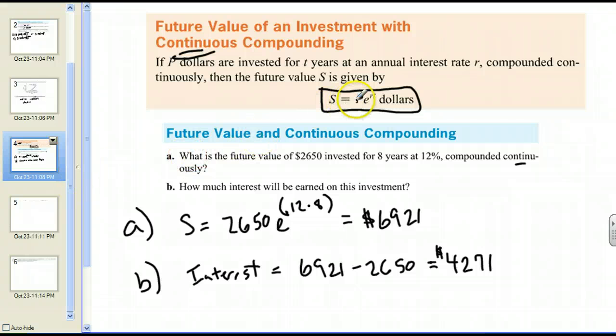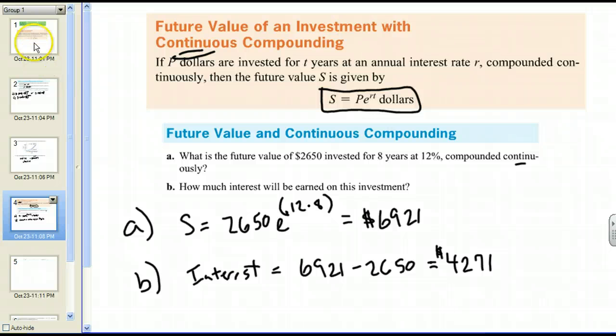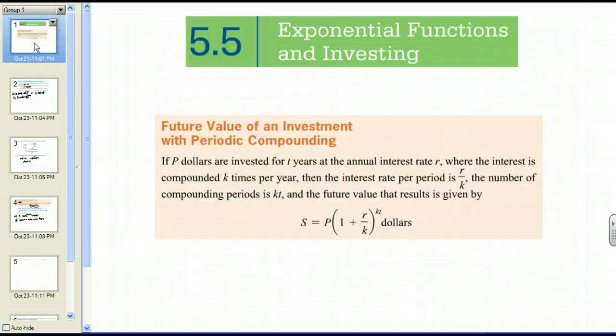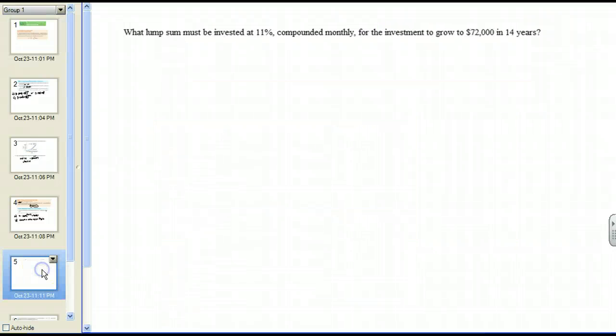This is the formula after the T years goes by. What a question like number 5 is asking is, what do I have to put in now for it to be this amount in so many years?